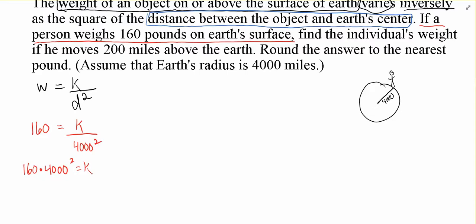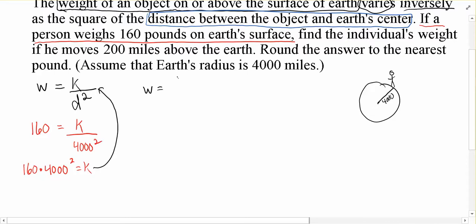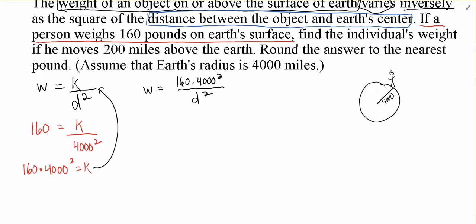Instead, I want to take it as is right now and just rewrite it, and say W equals 160 times 4,000 squared over D squared. So this is the end of step 4 of our normal problems.